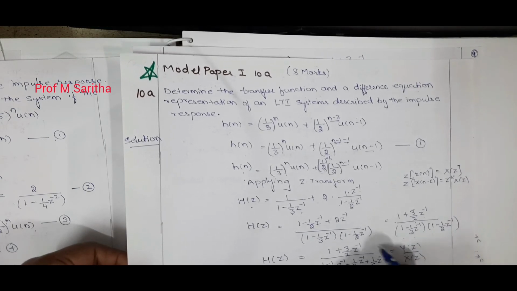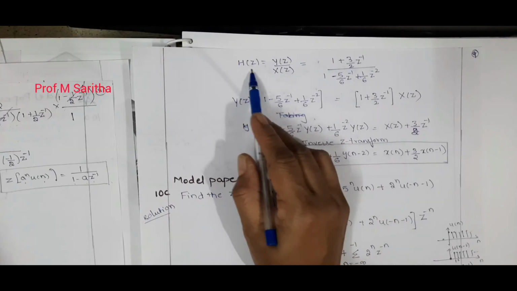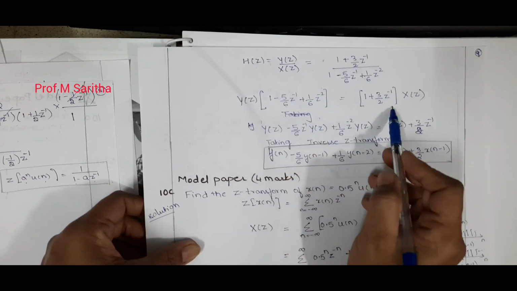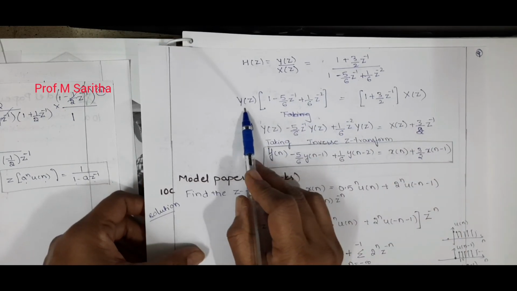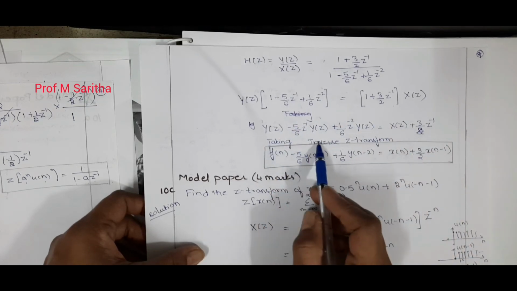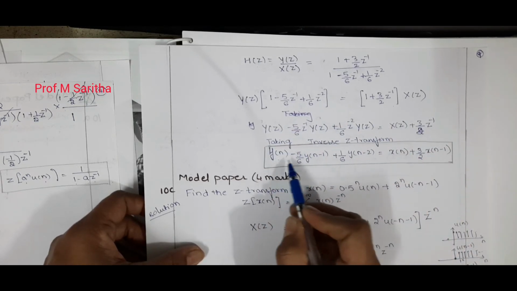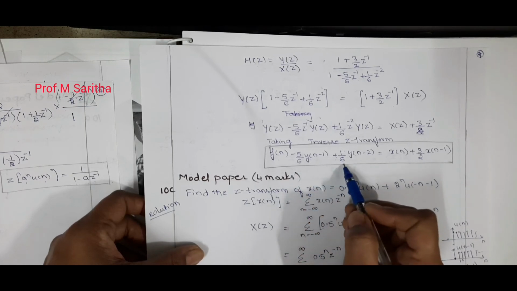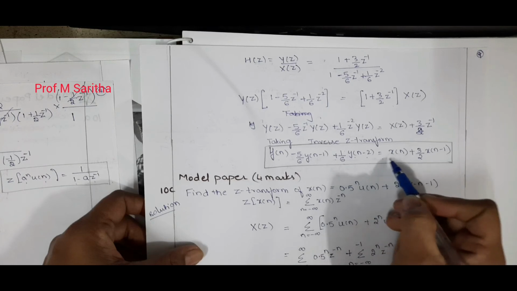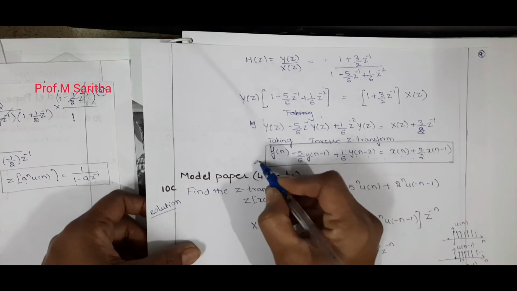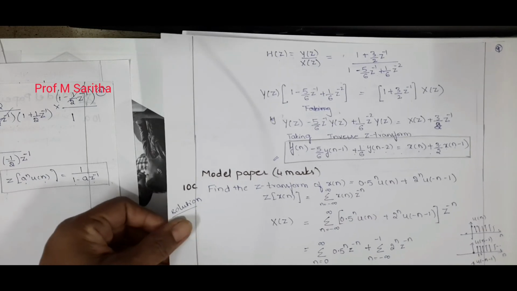So cross multiplying, you get this, and multiplying y of z and also x of z inside, and taking the inverse z transform: y of n minus 5/6 y of n minus 1 plus 1/6 y of n minus 2 is equal to x of n plus 3/2 x of n minus 1. This is the difference equation.